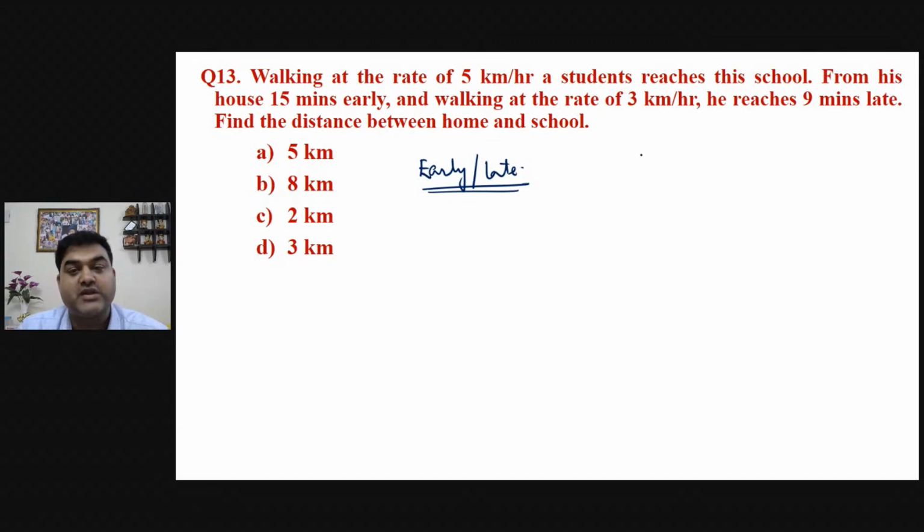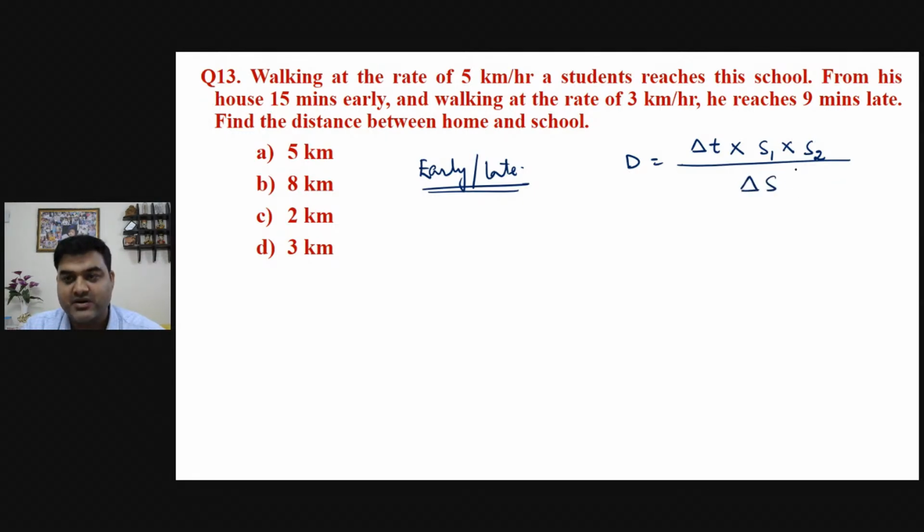Whenever you have to find the distance by formula, distance will be equal to delta t, which is the difference in time, into speed 1 into speed 2. Two speeds will be given, the higher and the lower, so the multiplication of these two, into time, divided by the difference of speeds, delta s.